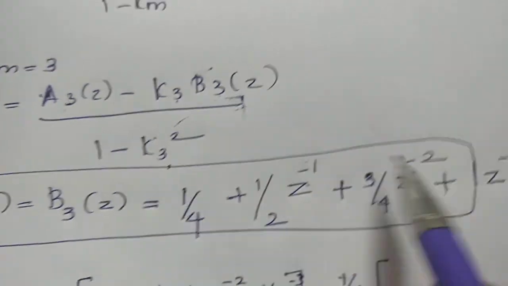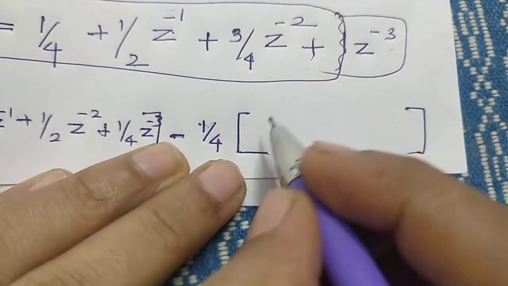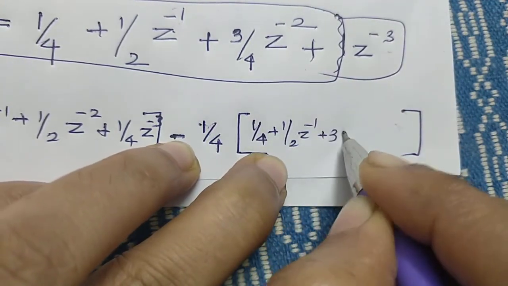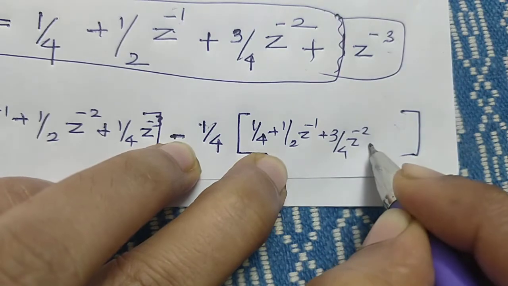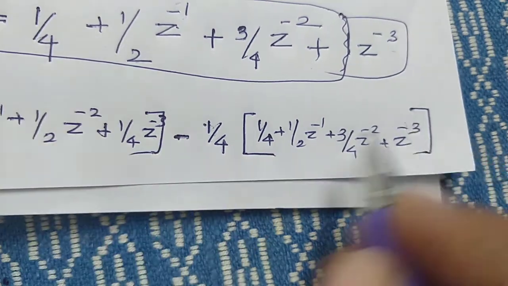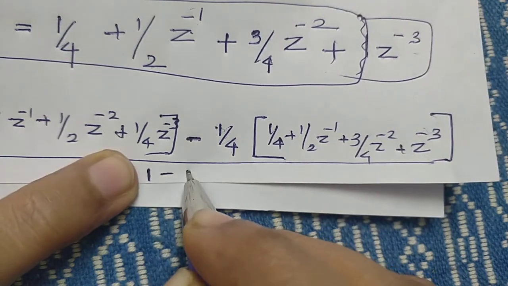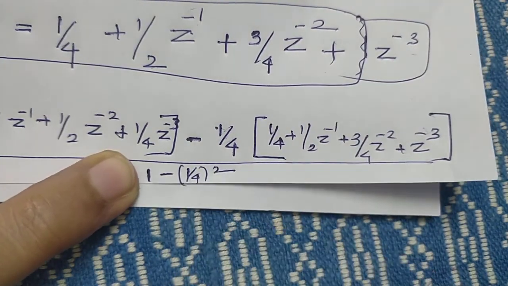Write that equation. That is 1/4 plus 1/2 z inverse plus 3/4 z raised to minus 2 plus z raised to minus 3, the whole divided by 1 minus K3 value 1/4, that squared. Then simplify the equation.